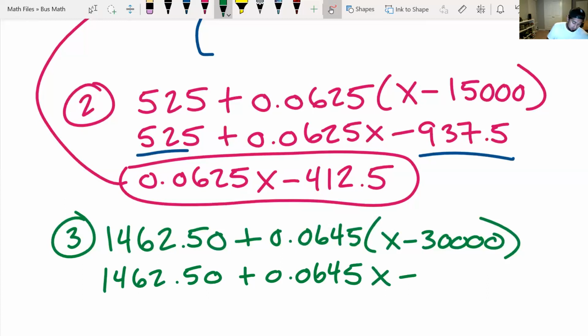Minus whatever 0.0645 times 30,000 is, gives me 1935. Again, combine these two.